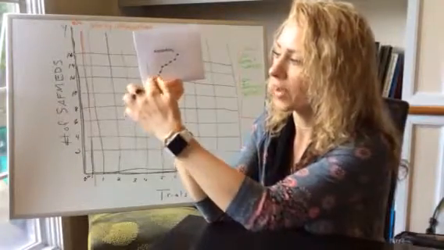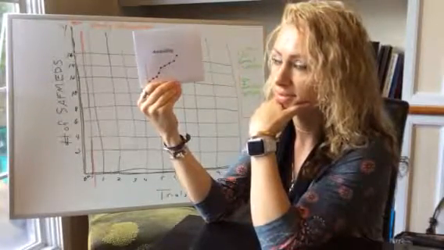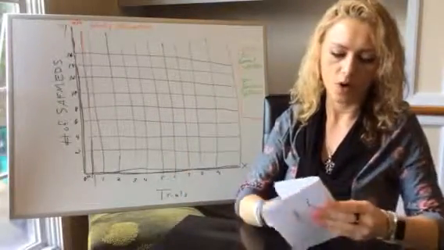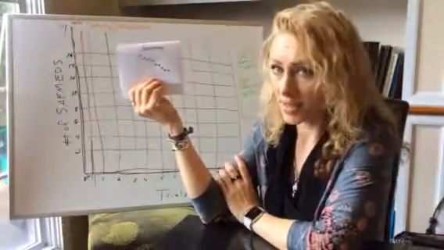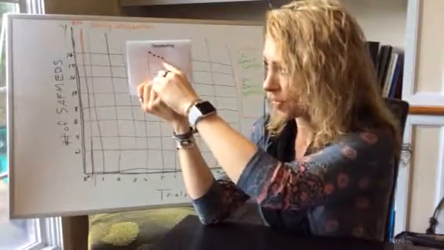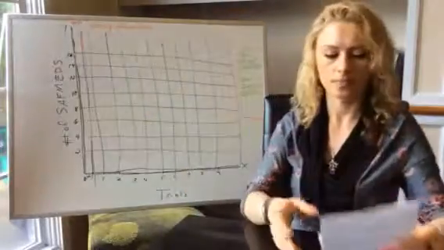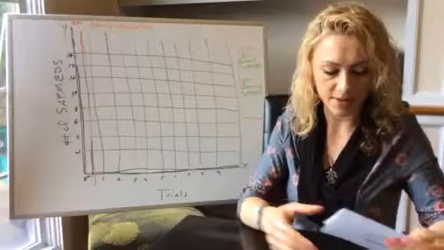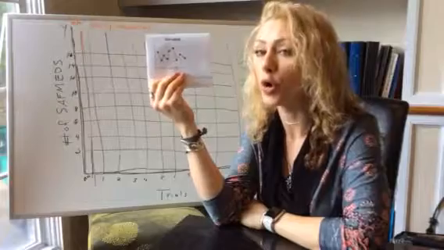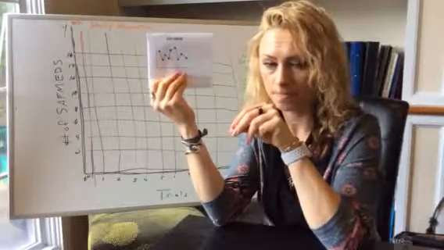Our data points are going up. It's a positive slope. Okay? Now, we also have a decreasing trend. Our slope is going down. Then last but not least, this one that you just saw is variable or no trend. That's when data points are kind of everywhere. Okay?